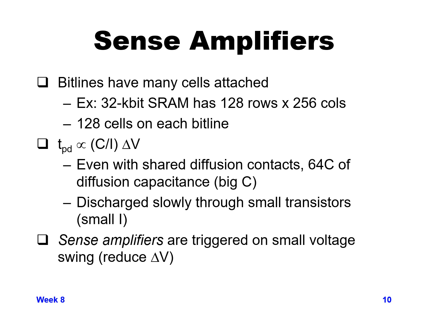So 64C is a very large capacitance, which means you're going to be discharging it as you're trying to read out of a bit cell, and reading out of a bit cell is going to discharge either the bit or bit bar side of the bit line.